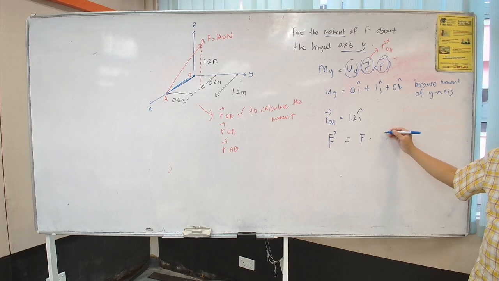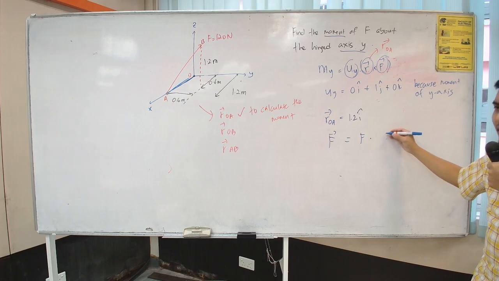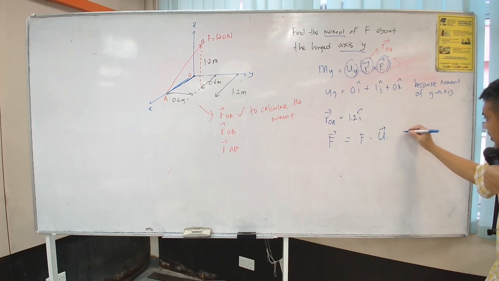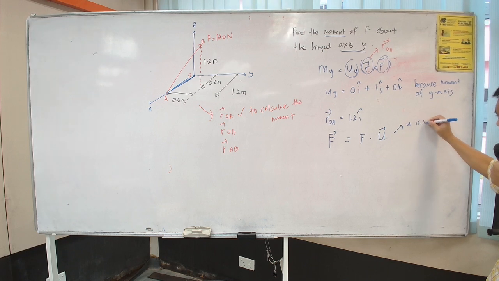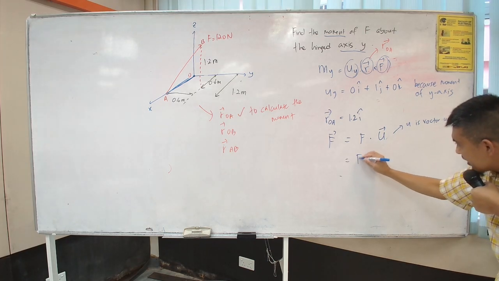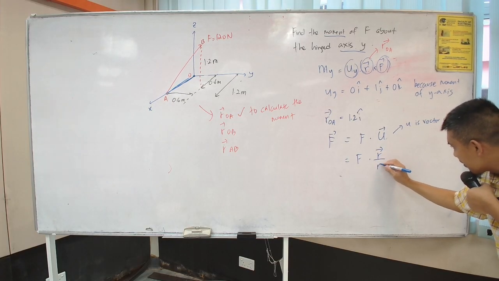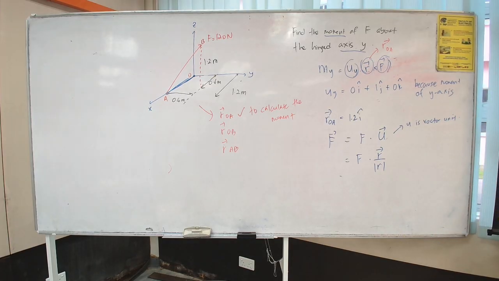What is the symbol for the unit vector? U. The formula is F multiplied with R divided by the magnitude of R, if you still remember.